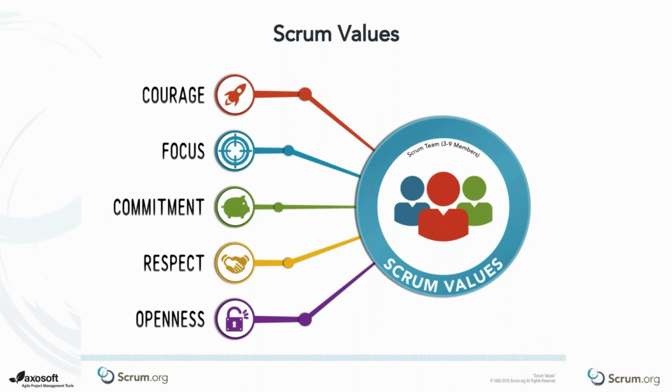So the Scrum values. This was actually added about a year ago, last July, to the Scrum Guide. Ken and Jeff released a new version of the Scrum Guide, and the Scrum values were a key component. As I've worked on different Scrum teams in delivering products to market, I really find these super important, really key to how the team works together. Now, you may look at this and say, oh, this is common sense. Well, yeah, in many ways it is. You may look at it and say, oh, well, of course we do this.